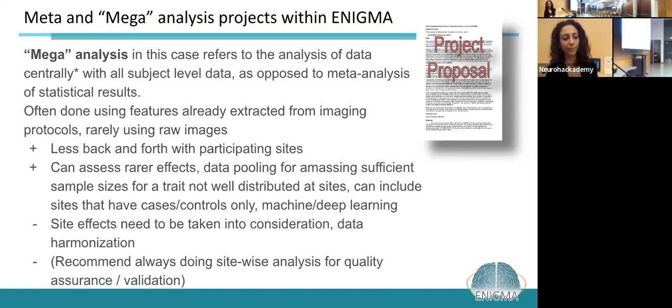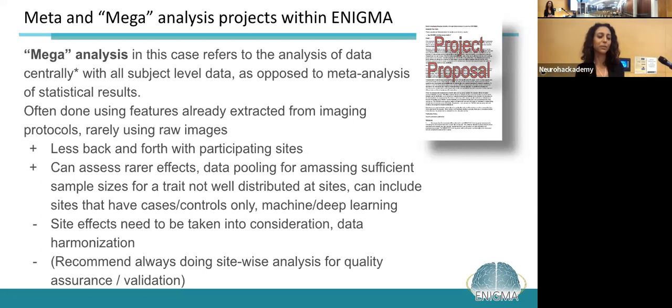A negative is that site effects do need to be taken into consideration, and you do have this harmonization. A lot of those protocol variations are actually taken into account in the variance when you're doing a meta-analysis. So that counts as part of the weight.